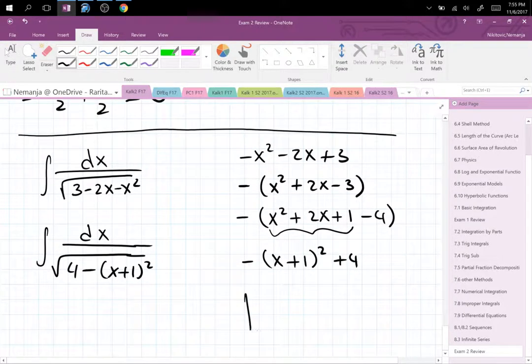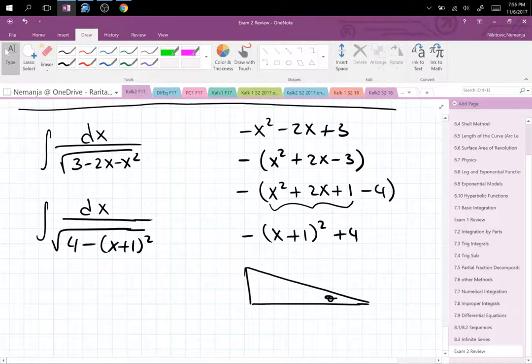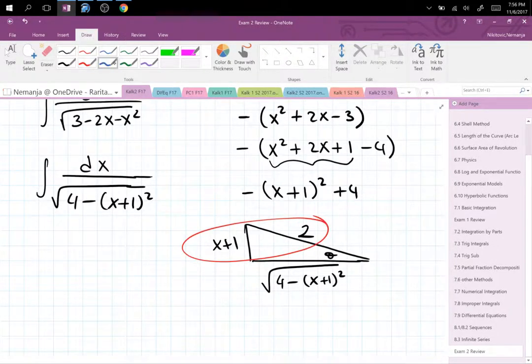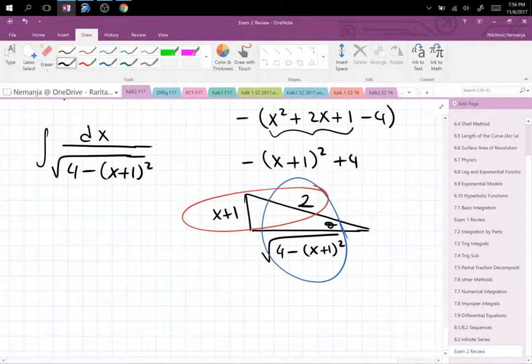And then you have your trig sub set up there because you have a subtraction, which means 2 goes here, and x plus 1 you can put there, which means this is the square root of 4 minus x plus 1 squared. You have your red and your blue. Red is sine, so sine theta is equal to x plus 1 over 2.